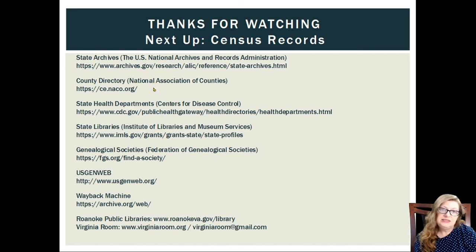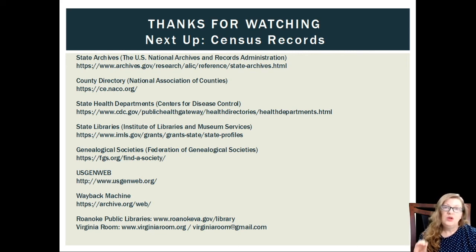Here is a list of all of the websites I talked about: the state archives, the county directories, the state health departments, state libraries, the genealogical societies, USGENWEB, and the Wayback Machine. So again, these are good resources to use if you are unable to locate that primary source document on either FamilySearch or Ancestry.